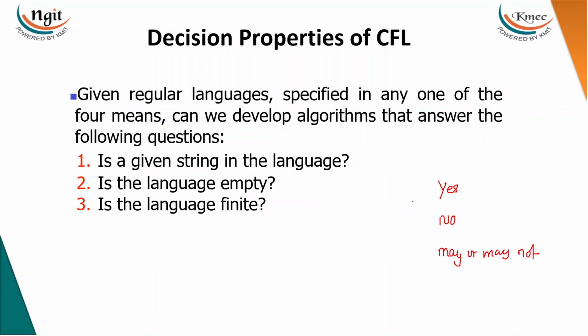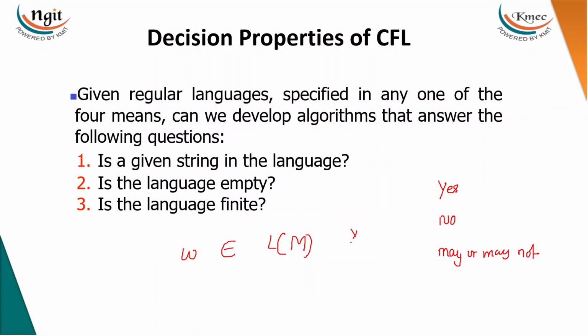If we are able to write an algorithm for yes and no, then of course we can say that the problem is decidable. Take the membership problem: is a given string in the language? You are given a machine that accepts a language, and you have a string. Can you write an algorithm to check whether this string belongs to this language or not?